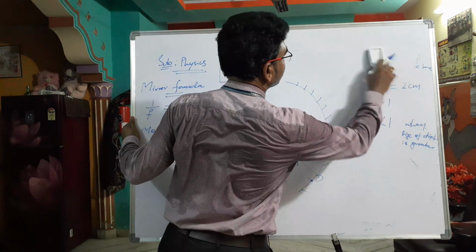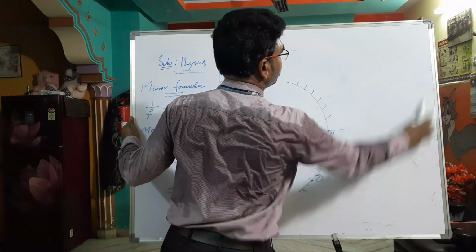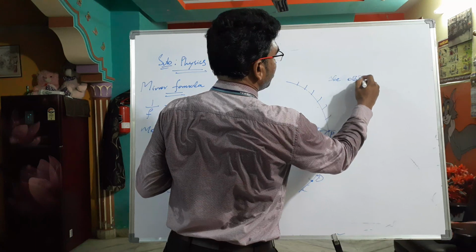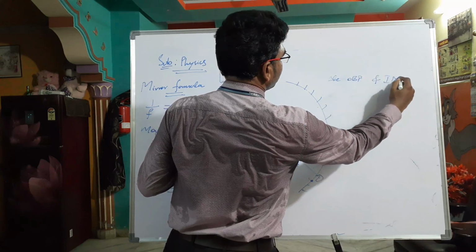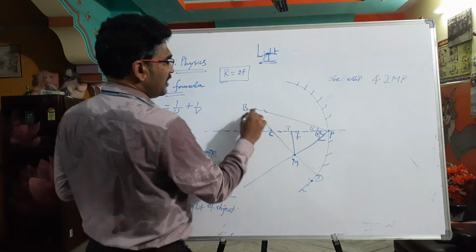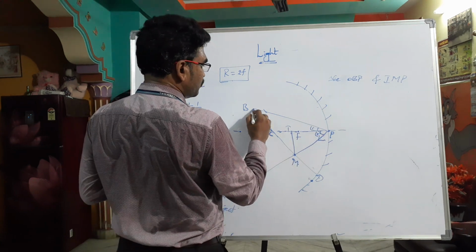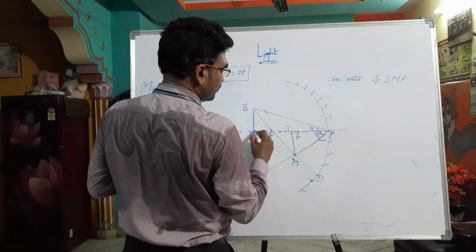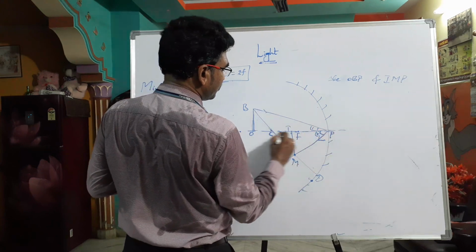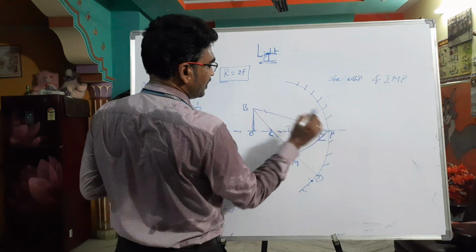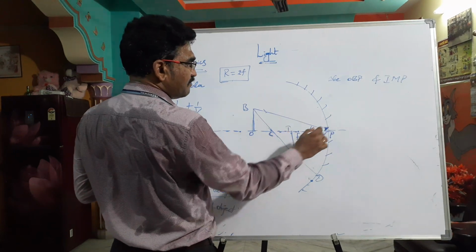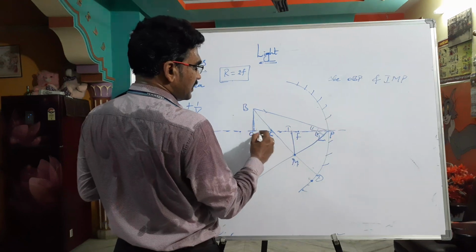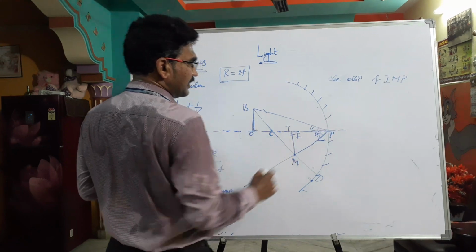Triangle OBP and IMP, this is OB, and this is PO. Triangles OBP and IMP are similar because this angle is equal to this angle and this angle is equal to this angle.